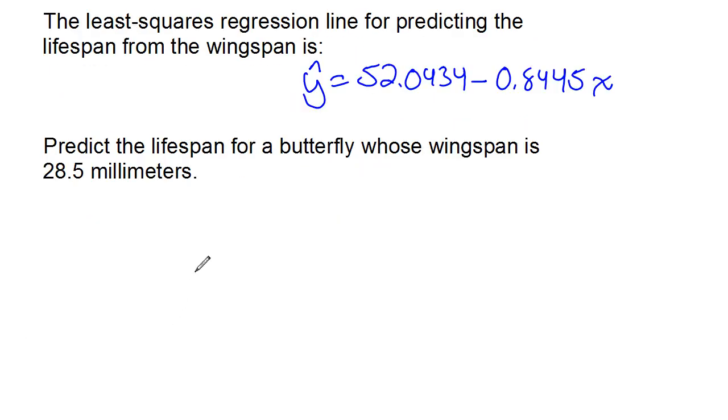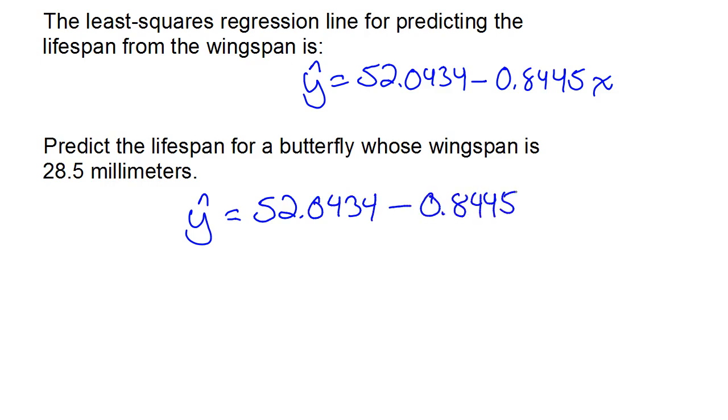Well, since we're wanting to predict the lifespan, our y value, what we're going to do is plug this 28.5 in for our x. And so we're going to have y hat is equal to 52.0434 minus 0.8445 times my 28.5.